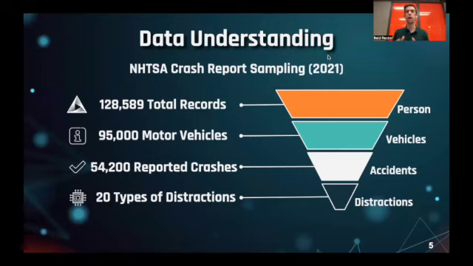All of these combine to create a narrative of everything going on through the accidents of this year. Our total set of files have over 128,000 records, featuring 95,000 motor vehicles throughout all of these reports, over 54,000 reported crashes, and in our distraction file, we see 20 different types of distractions.